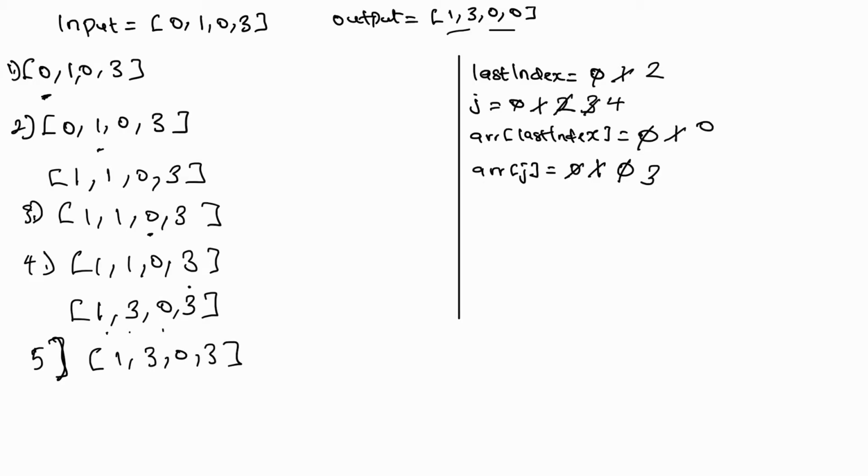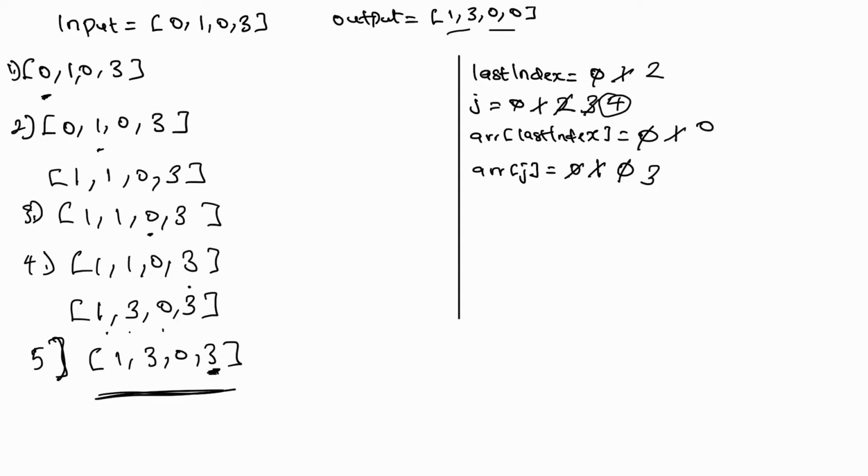But here we see that j is now 4, which means j does not satisfy the condition we're checking, which is that j has to be less than the length of the array. So we exit the for loop. So this is the result that we have so far. But if you notice, it is not the same as the expected output because we have 3 at the end.